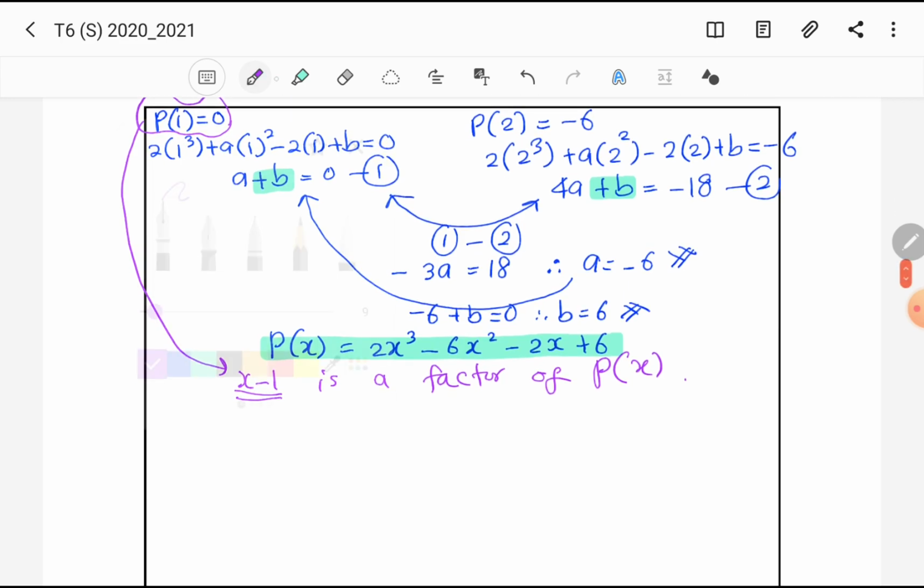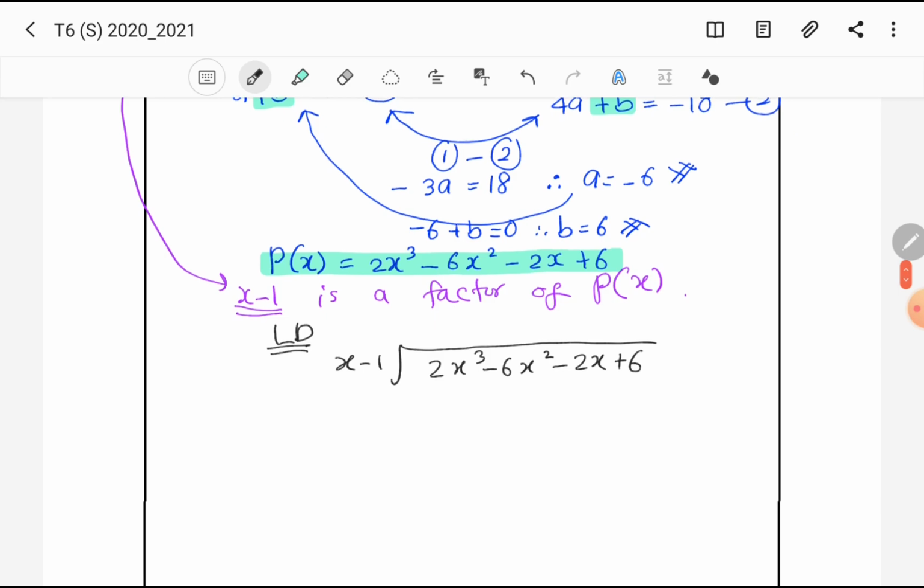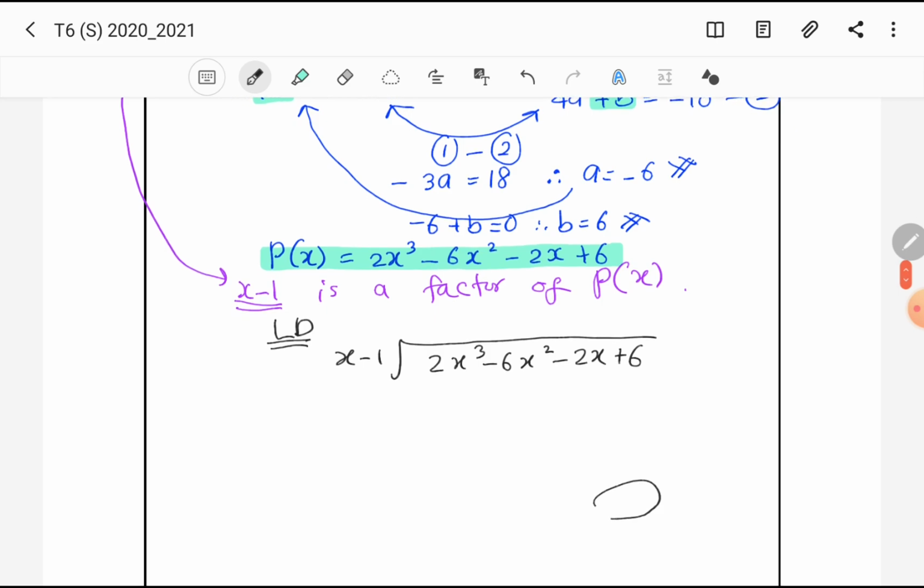Okey, so now kita akan guna long division. So kita bahagi 2x cubed minus 6x squared minus 2x plus 6 divide by x minus 1. Okay, make sure remainder awak yang bawah sekali remainder tu mesti sama dengan kosong.